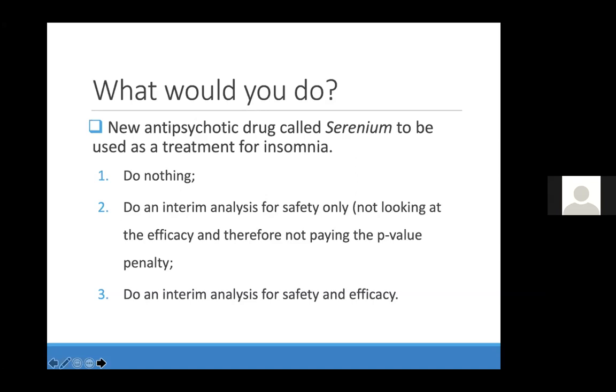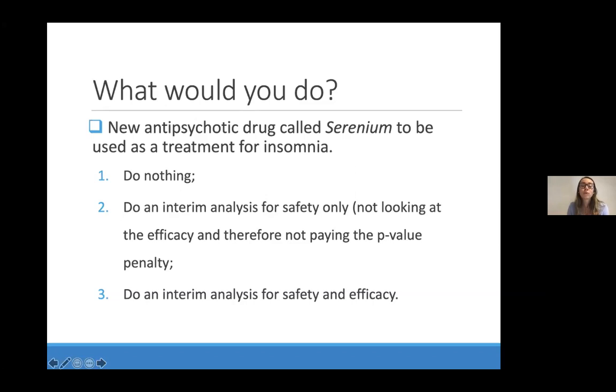And when we do a trial that is not efficacious, or safe, or is futile, then I can stop my trial early.